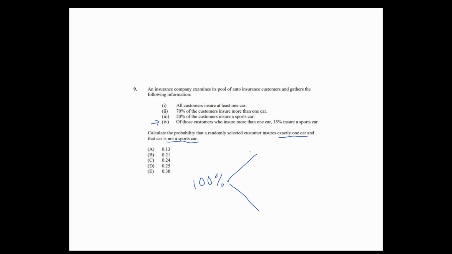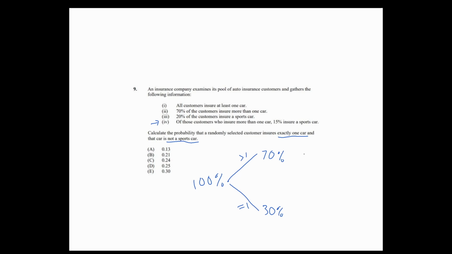The first part is customers who insure more than one car, and the bottom part is customers who insure one car. We know 70% fall into the bucket that insure more than one car, and 30% fall into the bucket where they insure only one car.